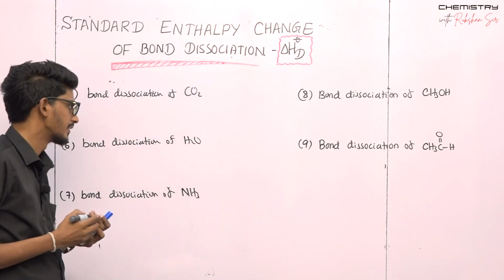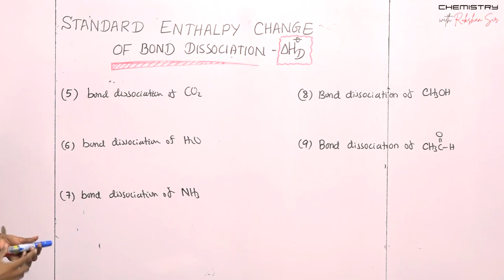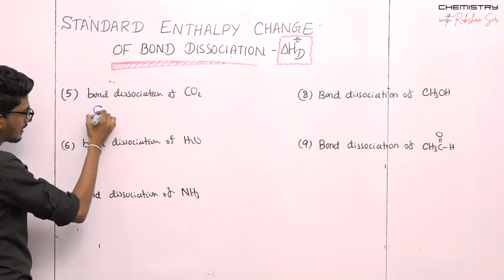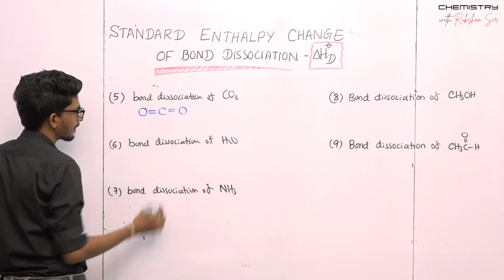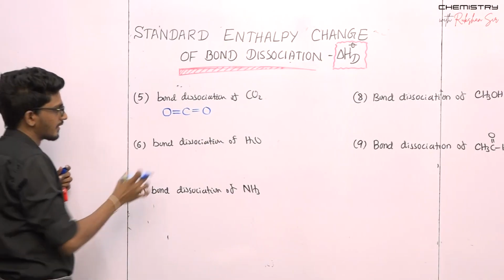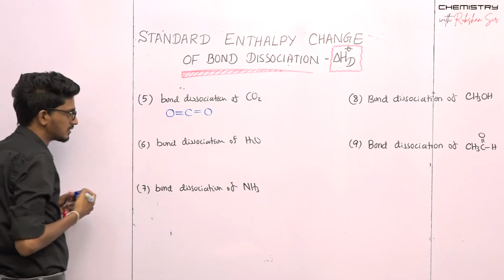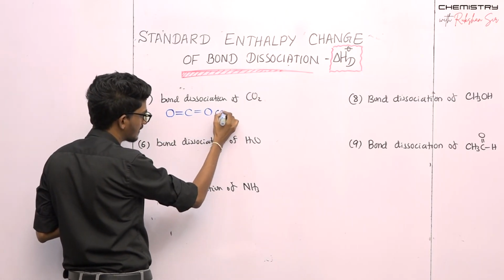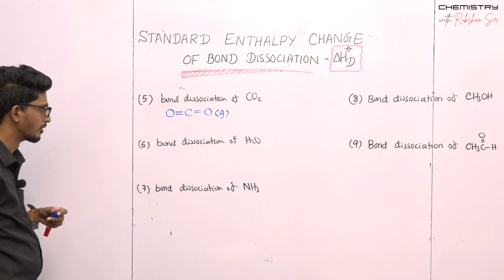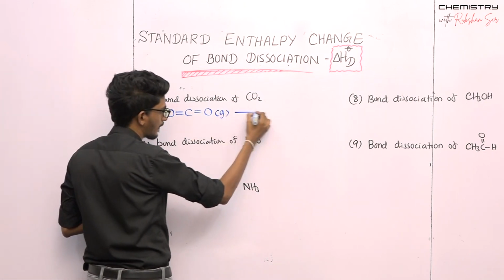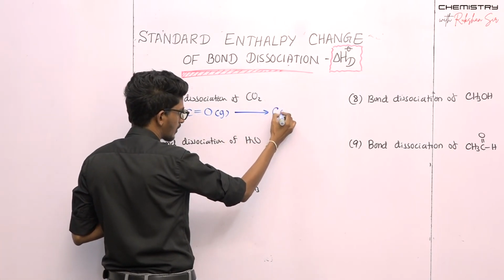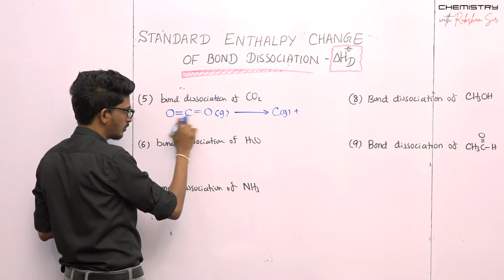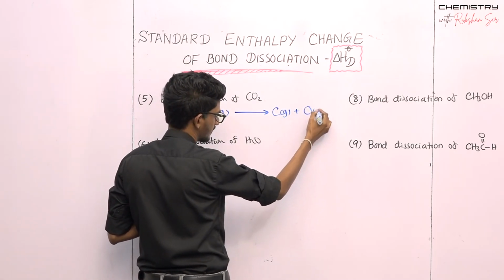Let's try to write the related thermal equations. First for this one, right? CO2. CO2 has more than one bond to break, right? Always you need to come up with the gaseous form when regarding bond dissociation enthalpies. So by breaking all of these bonds, you will come up with 1 carbon gas atom plus 2 oxygen gas atoms.